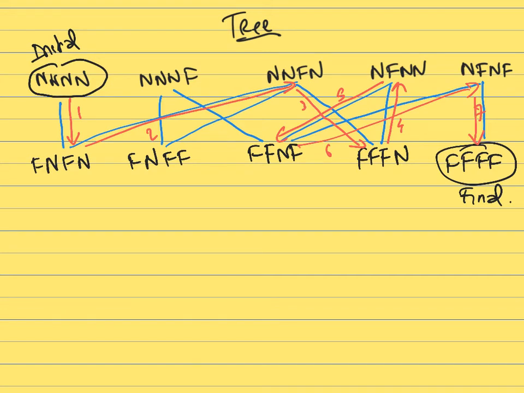So here, the optimal solution to this problem, the shortest path, is the optimal sequence of actions of 7 moves. So 7 times, the farmer will need to cross the river.